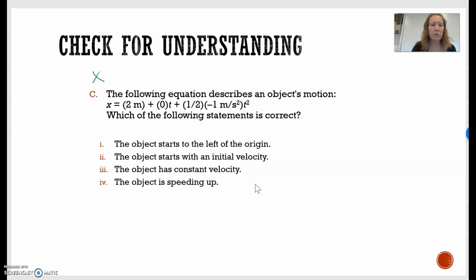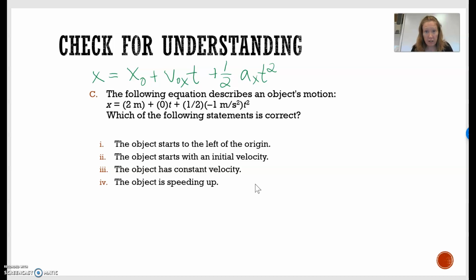So if I rewrite that first equation up here, I have x equals x0 plus v0x t plus 1/2 ax t squared. Okay, and let's take these options one at a time.